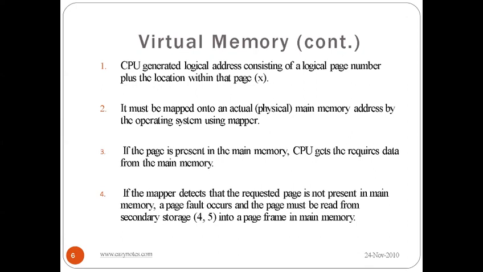If the page is present in the main memory, the CPU gets the required data from the main memory. If the mapper detects that the requested page is not present in main memory, a page fault occurs and the page must be read from secondary storage into a page frame in main memory.